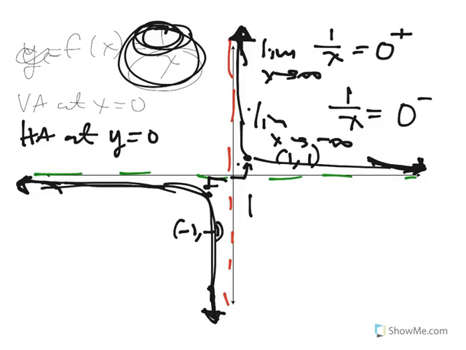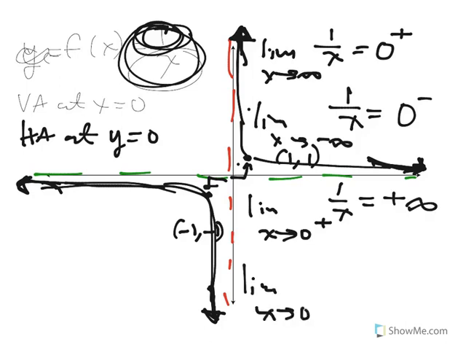Close to the vertical asymptote, this red line, we could say the limit as x approaches 0 from the right of 1 over x is going to be positive infinity. But when we approach 0 from the left, that minus there, 1 over x, is negative. Now, this is ways of describing these arrows, but with symbols.